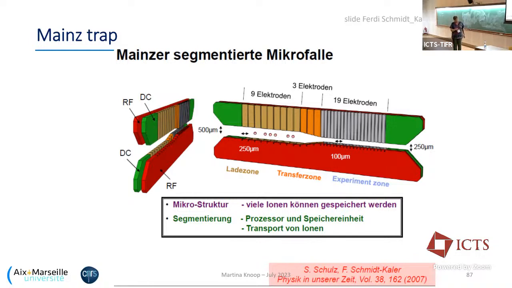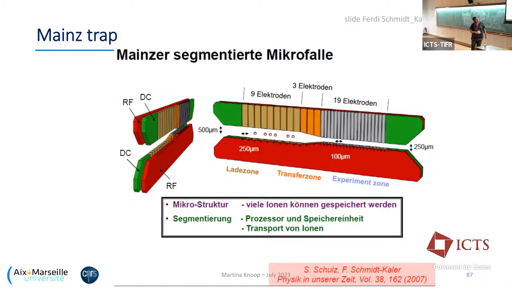And so you will see this trap is a real 3D structure. There's 1, 2, 3, 4 rods or electrodes, okay? But on 2 microfabricated electrodes, you see here this is the size, 250 micrometers apart.